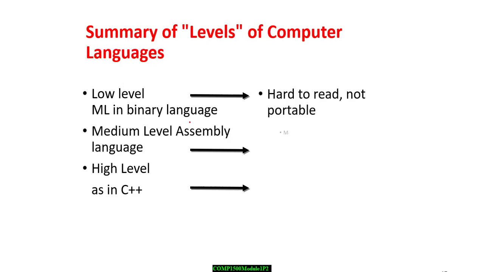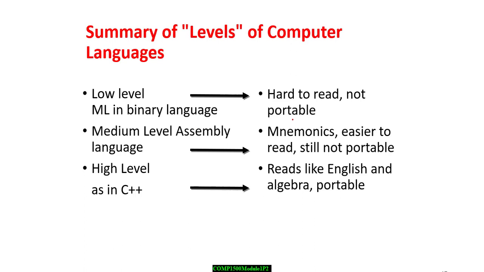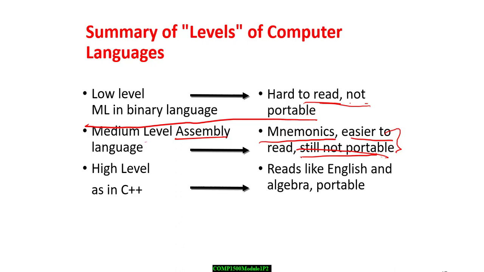So once more, we have the languages. We have the low level language, which is machine language, hard to read and not portable, compared to medium level assembly language, mnemonics, which was easier to read and still not portable. You have small words that made things easier to read, but still, if you write an assembly language on an 8086, it will not run on any device other than an Intel.